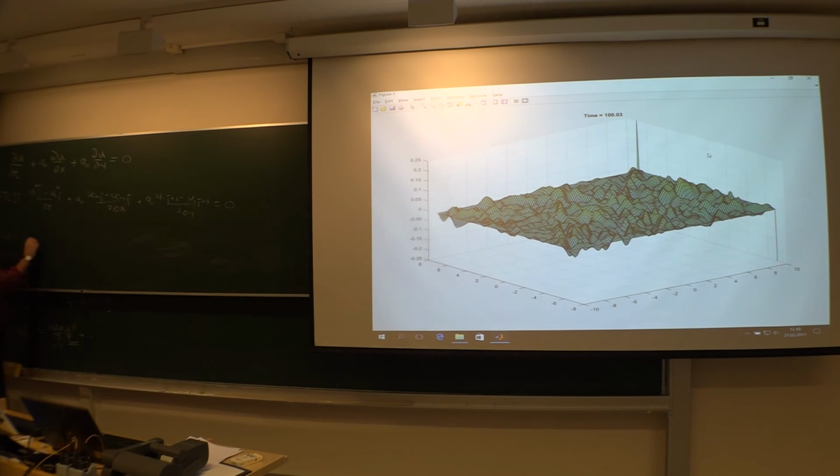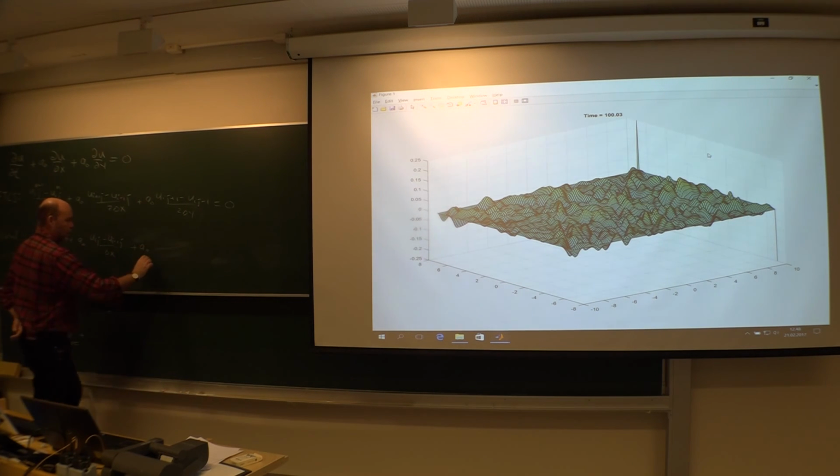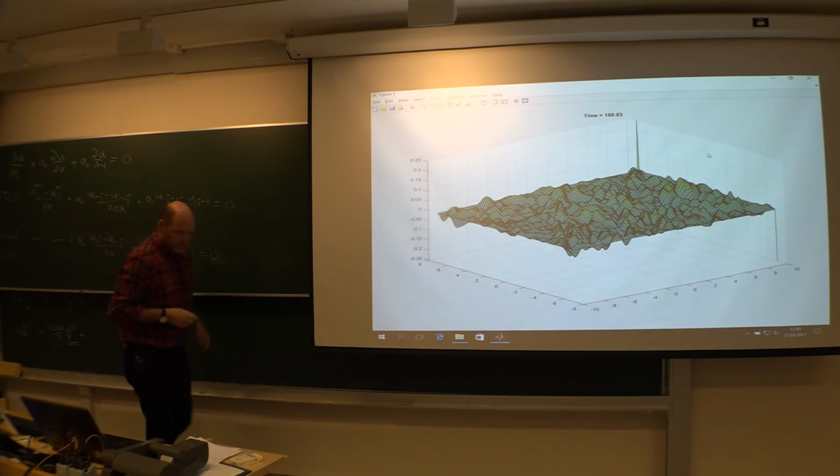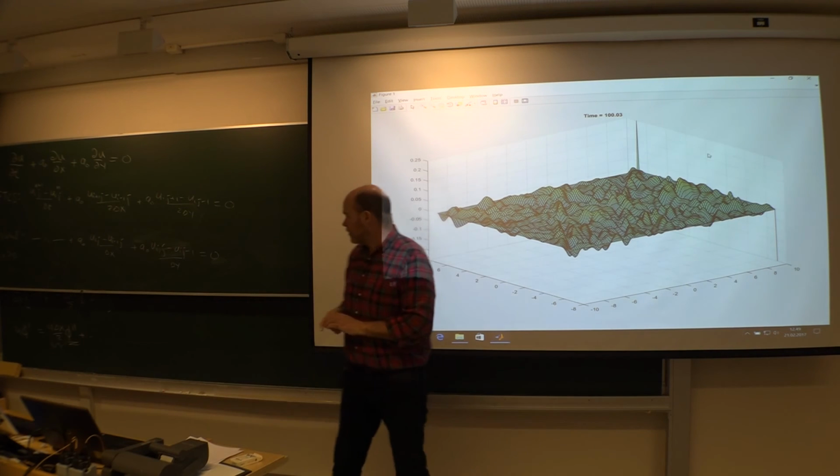Then my upwind scheme will look something like this. a0 u i j minus u i minus 1 j over one single delta x. That's the only difference. The same goes in the y direction. u i j minus u i j minus 1. There you have the two stencils.